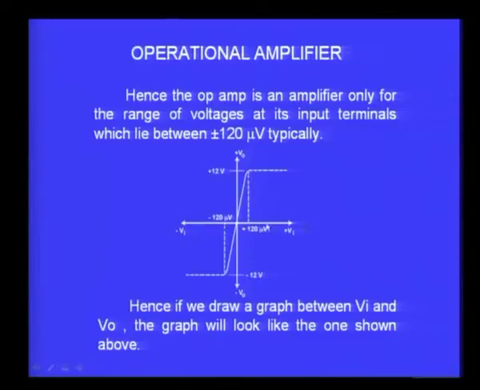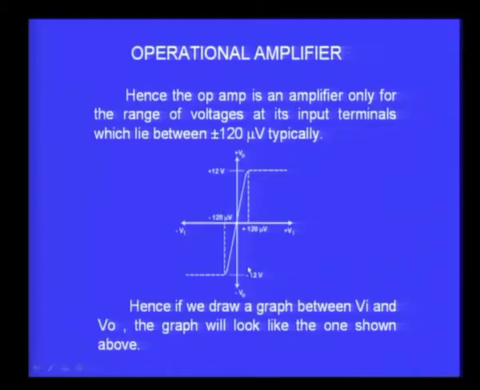This is the V input and this is the V output, the vertical line, and you can see that till 120 microvolt there is a linear relationship passing through the origin, which corresponds to the amplifier behavior. Beyond that 120 microvolt, the output voltage remains constant at plus 12 volts on the positive side, and on the negative side it remains constant at minus 12 volts.